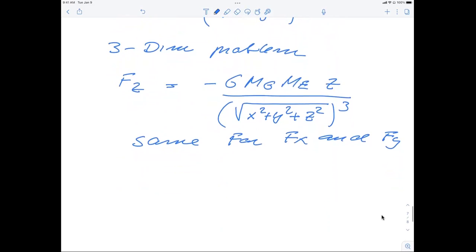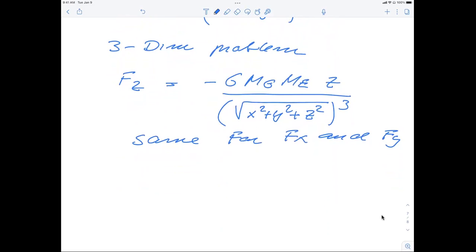Now, the differential equations which you got are dvx/dt, and now we are dividing by the mass of the Earth, which is given by a of x, which is minus G m_sun multiplied with x and divided by r cubed. So r cubed is the square root of x squared plus y squared plus eventually z squared, to the power of 3.